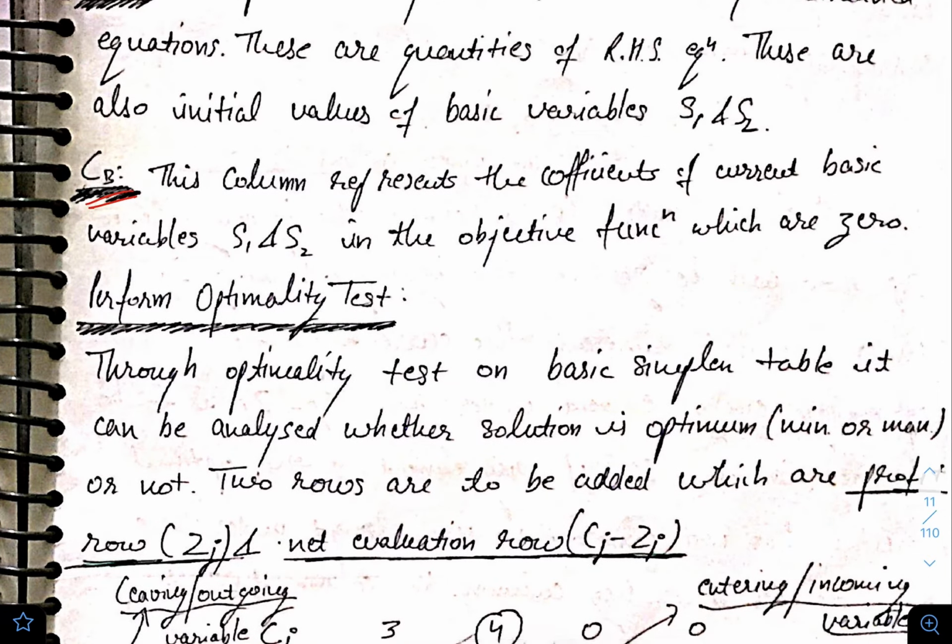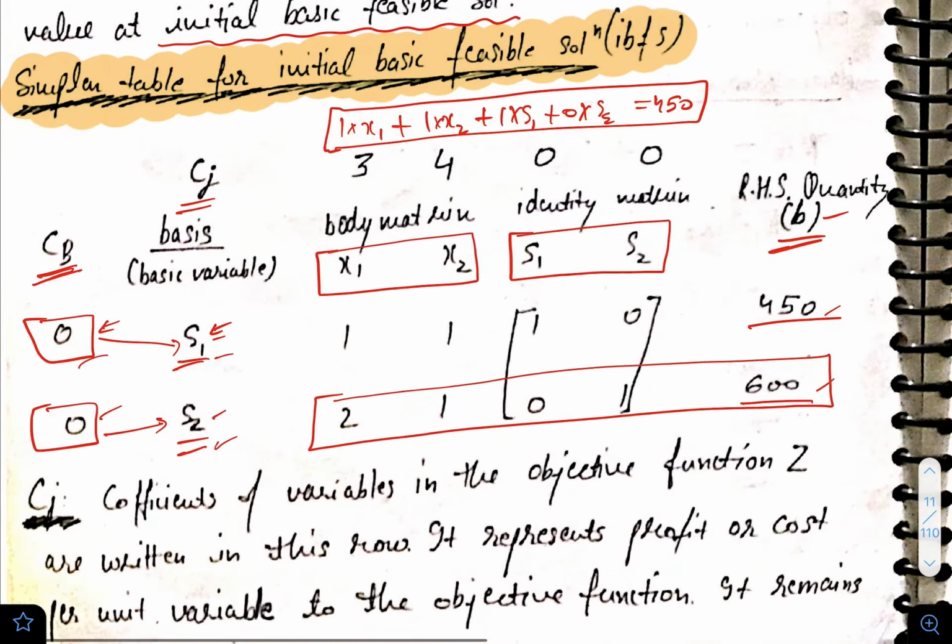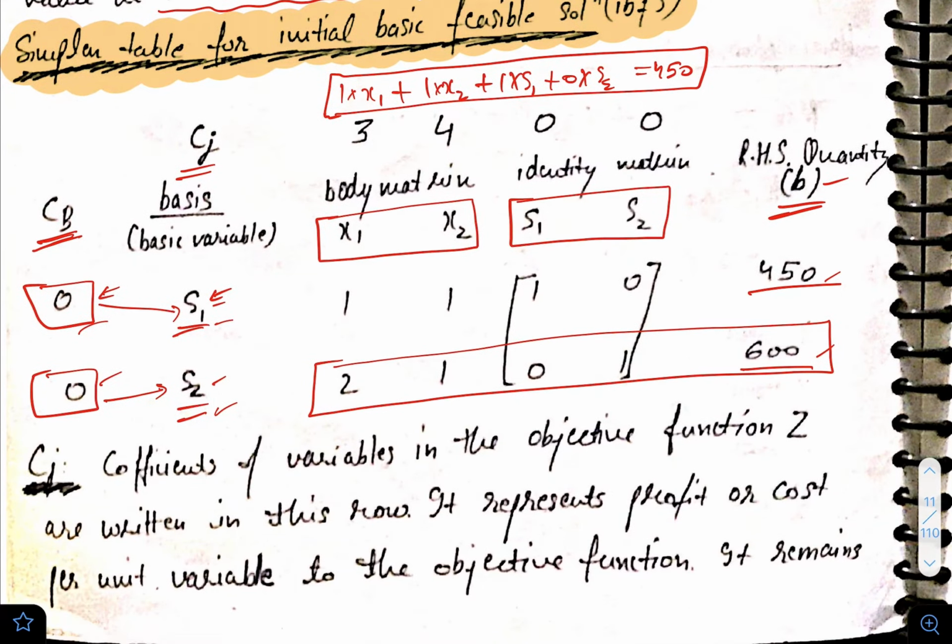So now our next task is to perform the optimality test. Now what is the optimality test? We will introduce two new rows in this table. We will see how to introduce those rows. Then I will check the values in those rows.